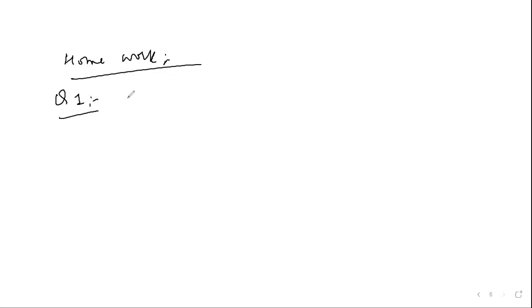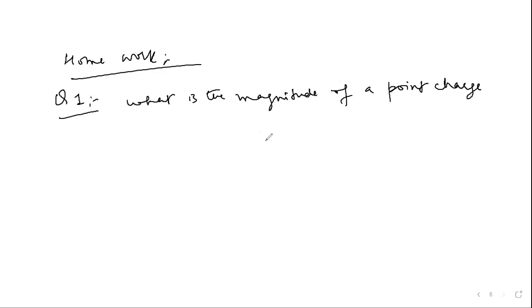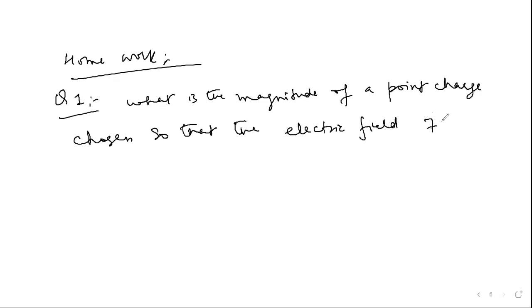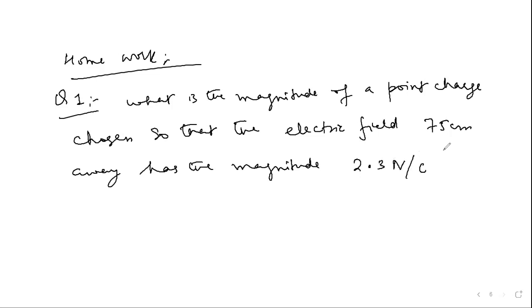What is the magnitude of a point charge chosen so that the electric field 75 centimeter away has the magnitude 2.3 Newton per Coulomb?